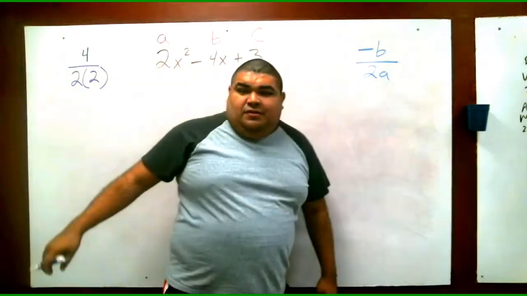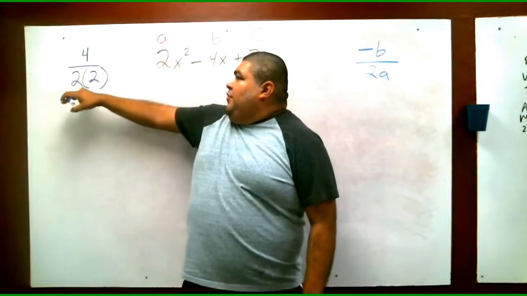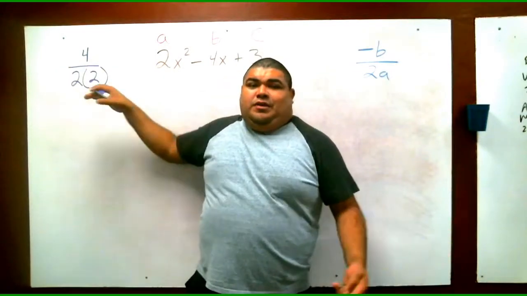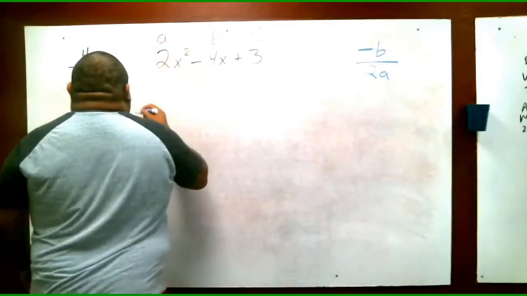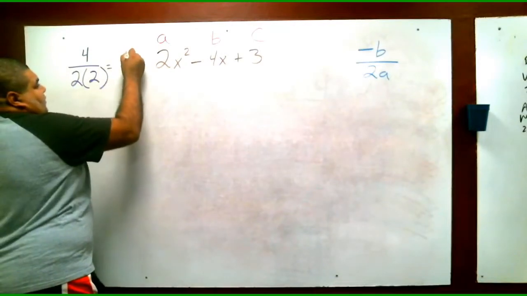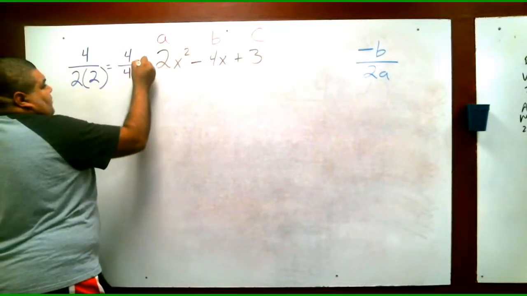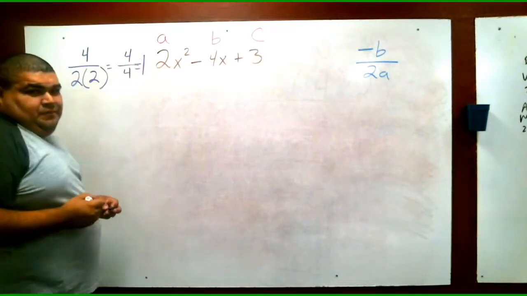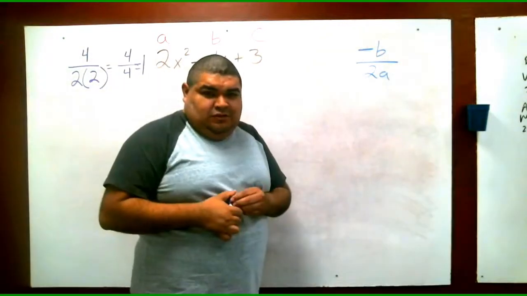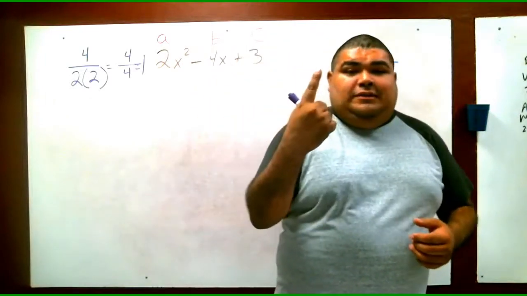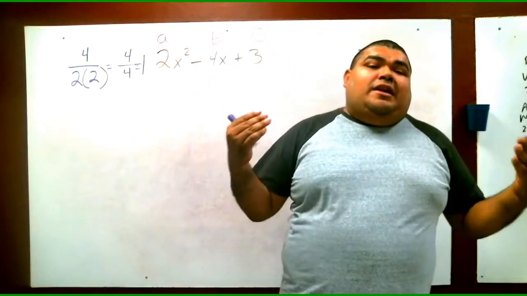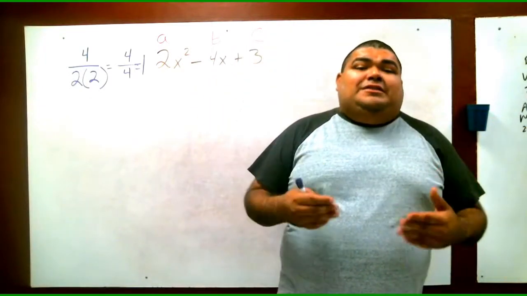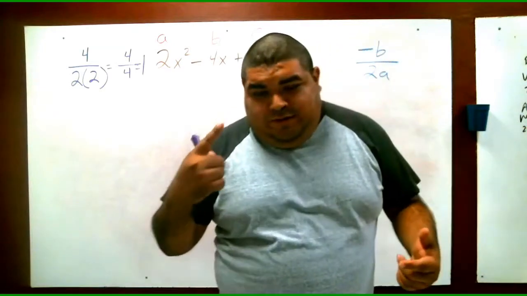So we have 4 over 2 times 2, which is 4, so 4 over 4, which becomes 1, because 4 goes into 4 one time. So now we know that our x vertex is 1.